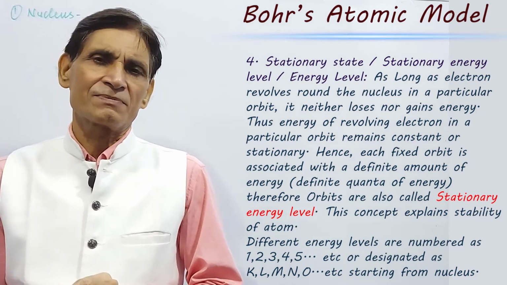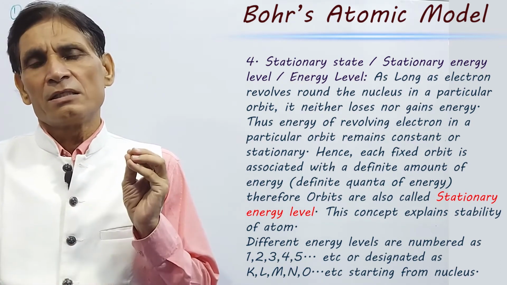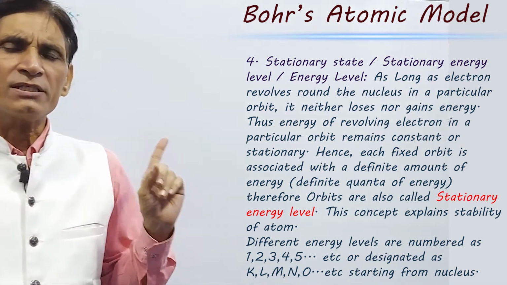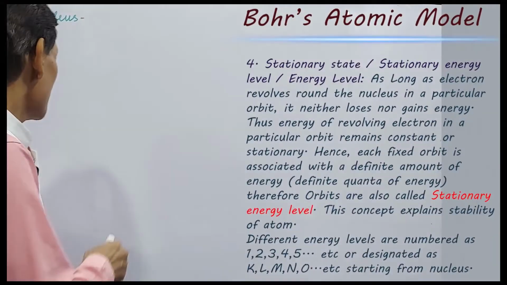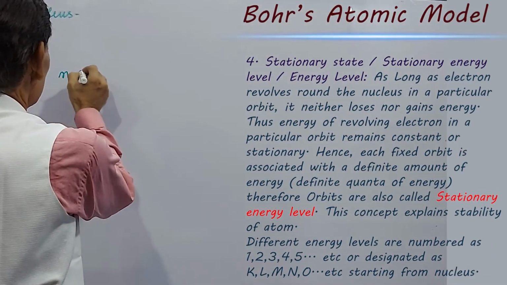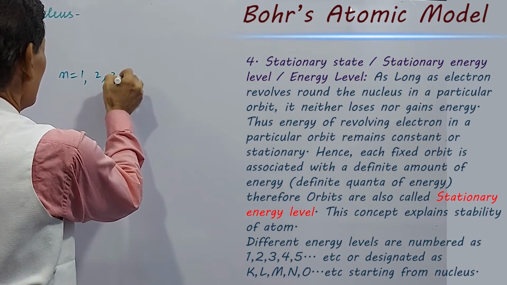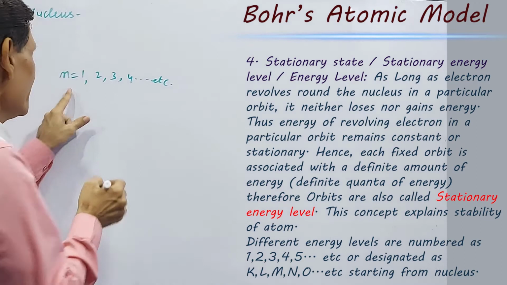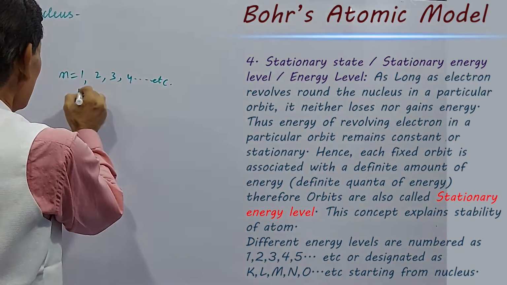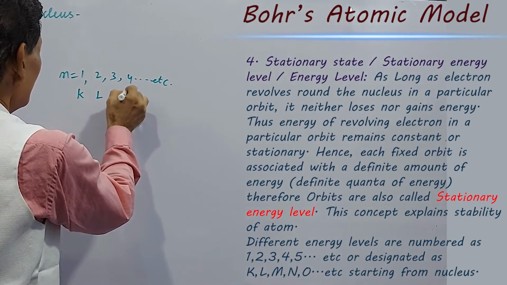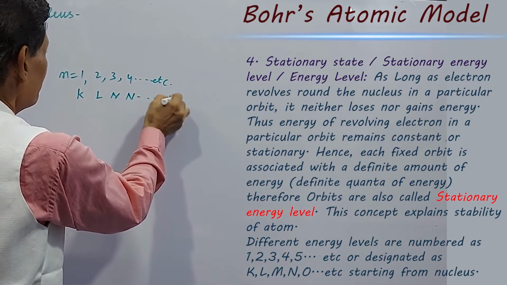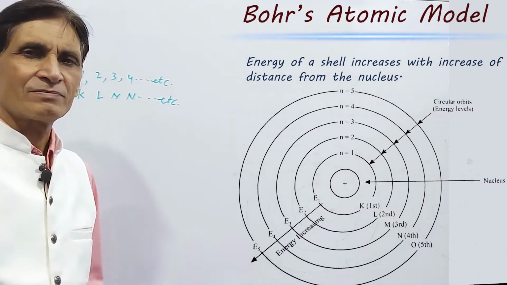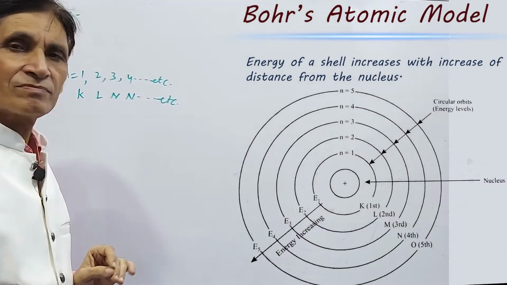These energy levels are represented by an integer called principal quantum number, which is numbered as n equal to 1, 2, 3, 4 and so on, and are represented by the capital letter K, L, M, N and so on, starting from the nucleus.